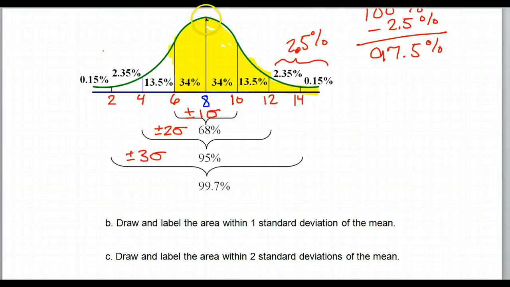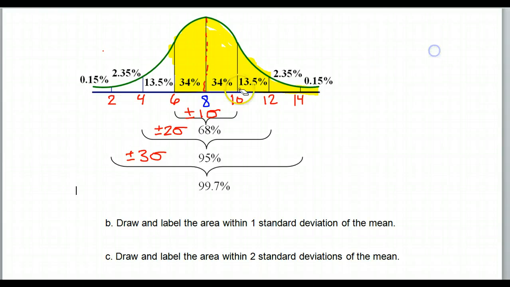Look, starting from this middle line right here, we definitely have everything from the mean to the right, this entire part of the graph. So what percentage is this part from the red line over? Instinctively you know that that is 50%. It's half. From here over is half of the picture.